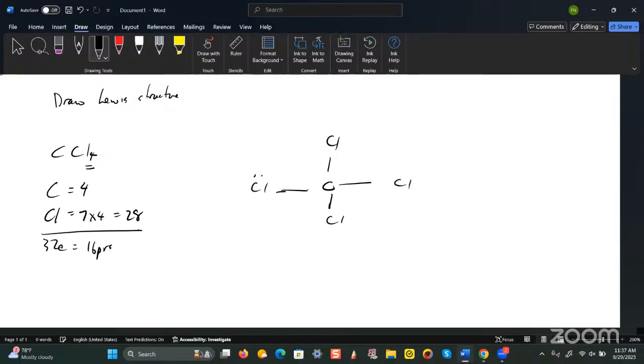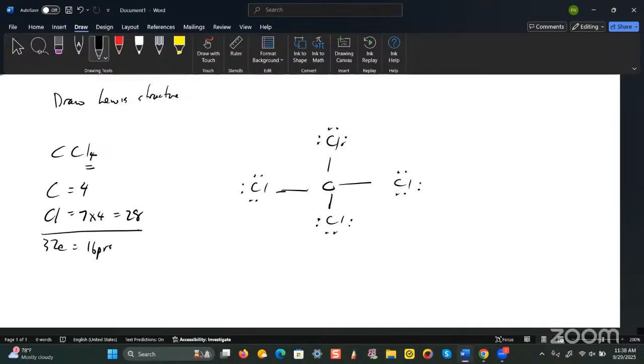Then 5, 6, 7, 8, 9, 10, 11, 12, 13, 14, 15, and 16. So I've used up all the pairs of electrons, and therefore that would be the Lewis structure for this compound.